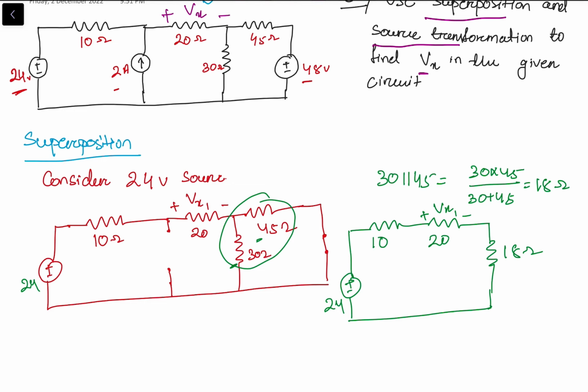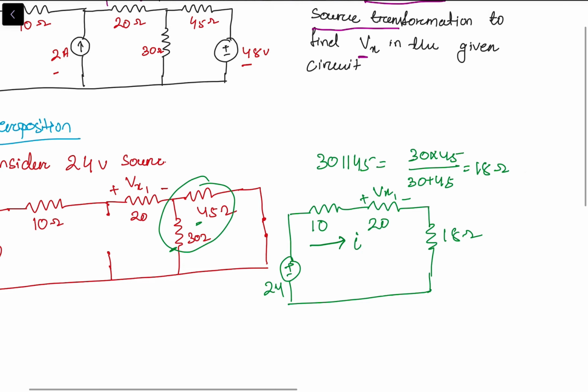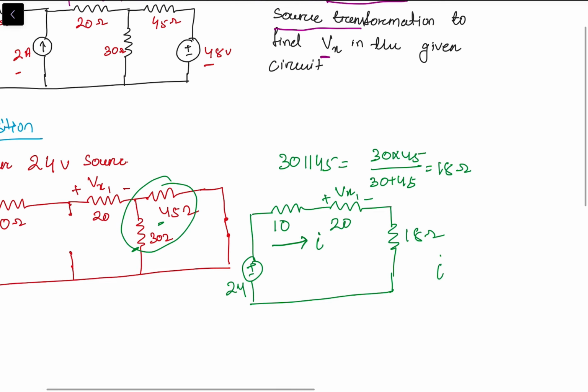If I find the current here, then I can find the voltage across this 20 ohm resistor. Let us consider the current flowing here is I. The value of current equals the voltage, 24, divided by the total resistance, that is 10 plus 20 plus 18.